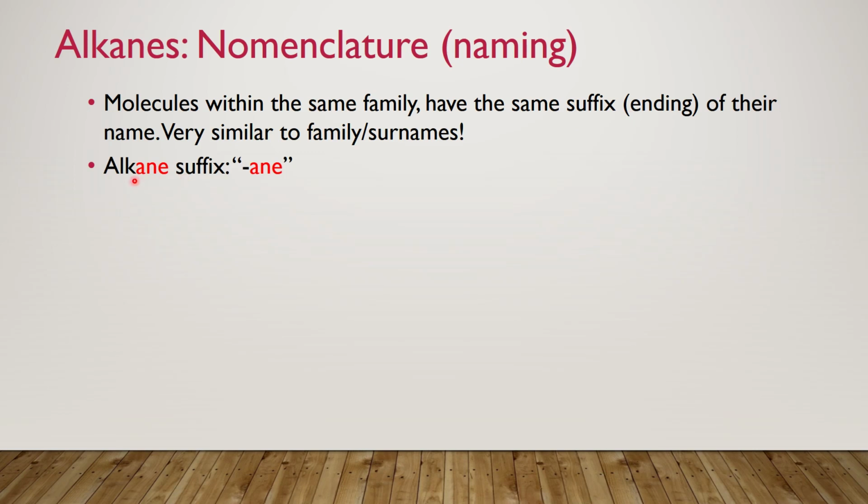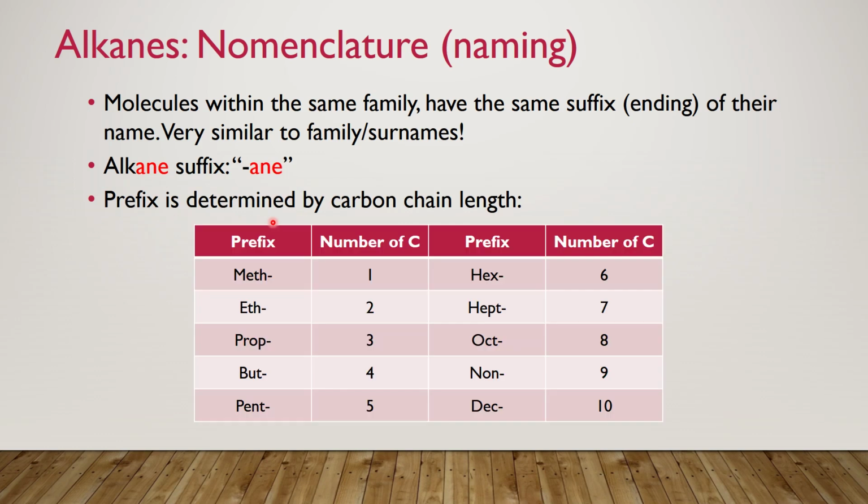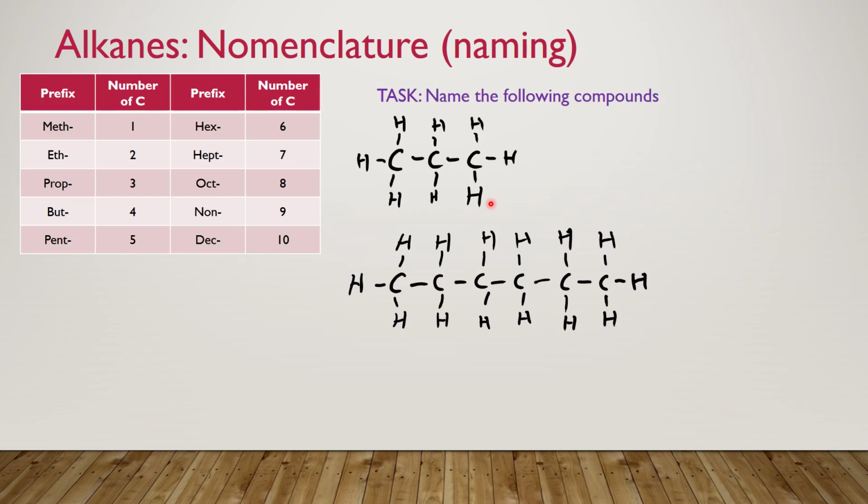So for the alkanes, all the molecules have ane on the end of their name. And the beginning of the word, or the prefix, is determined by the carbon chain length. Here we have a list from 1 to 10 of the prefix, or the beginning of the word, depending on the number of carbons that we have. This is a good resource to copy down, and then we'll use it to do some problems.